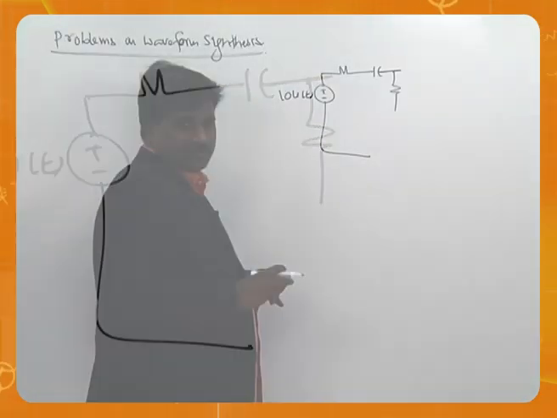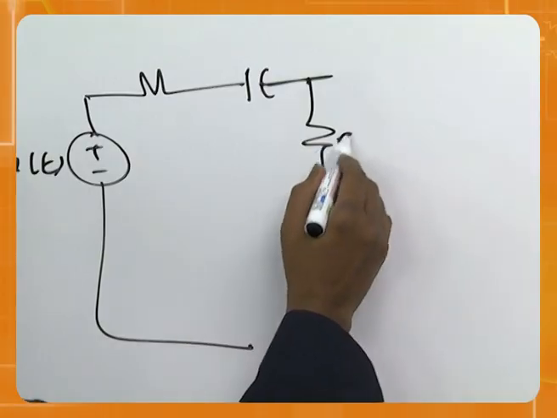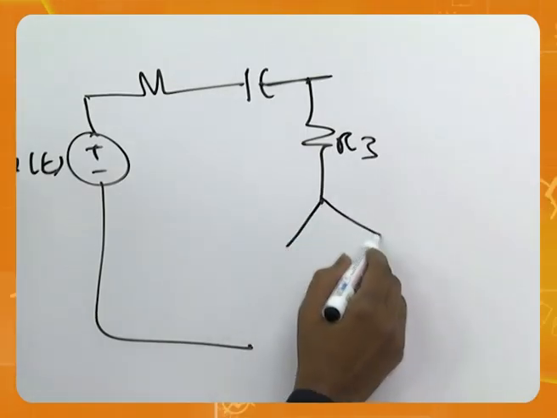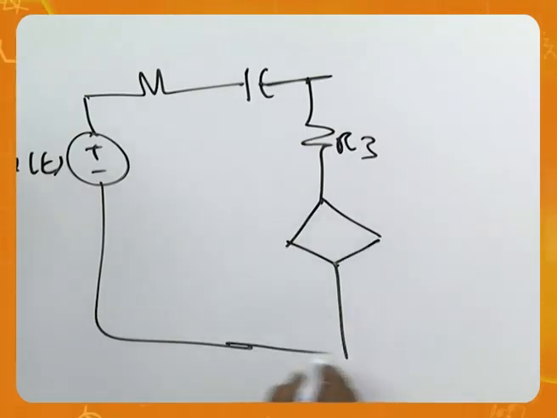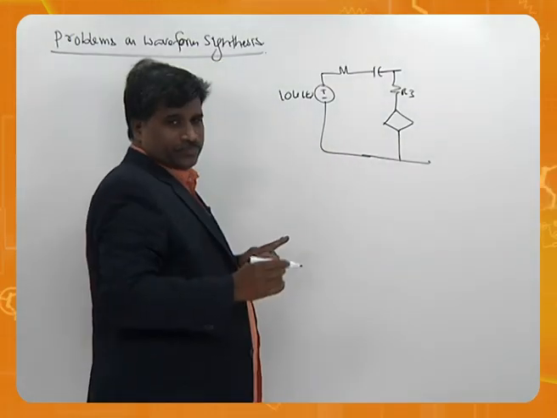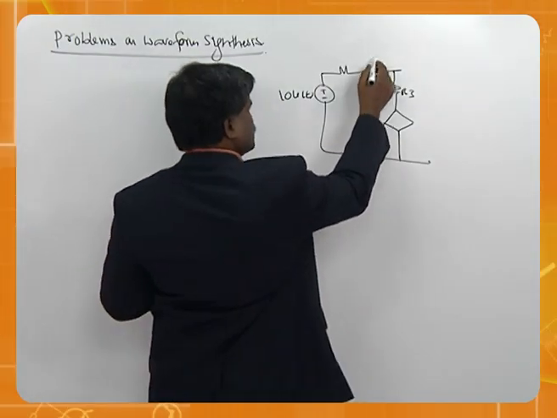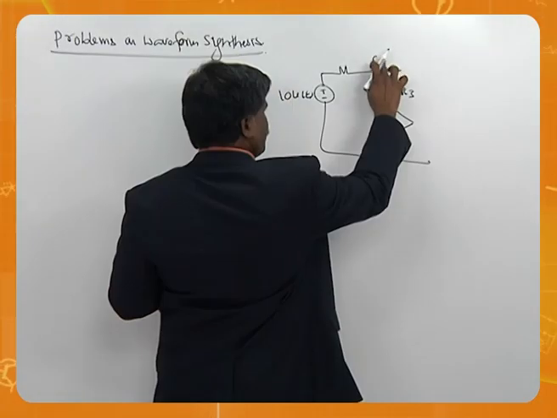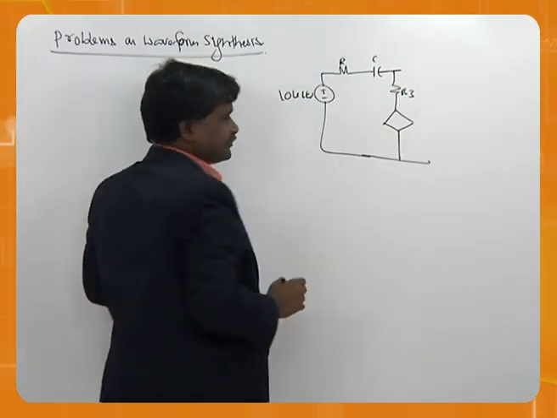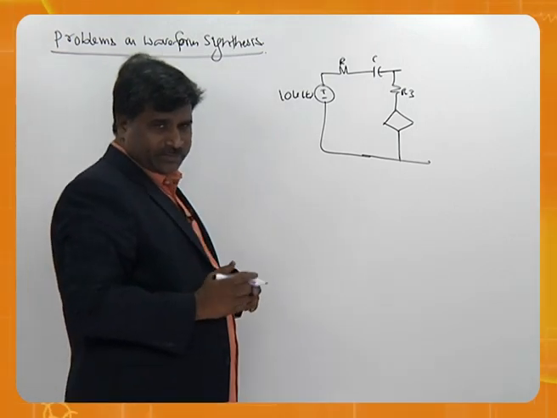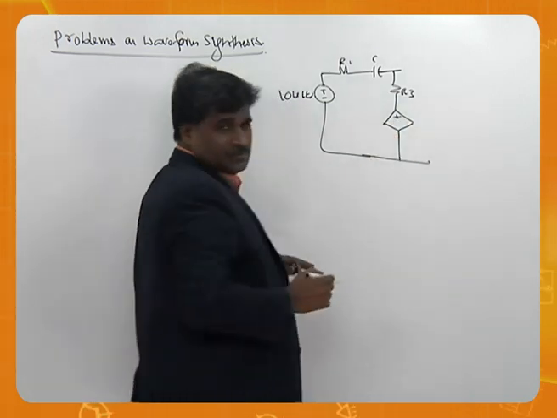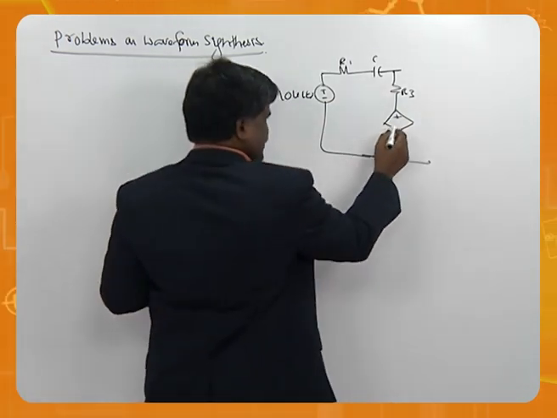Then you have R3. Then he gave a dependent source. This is called C2, for example, or some R, call it R1. This is 2Vx.